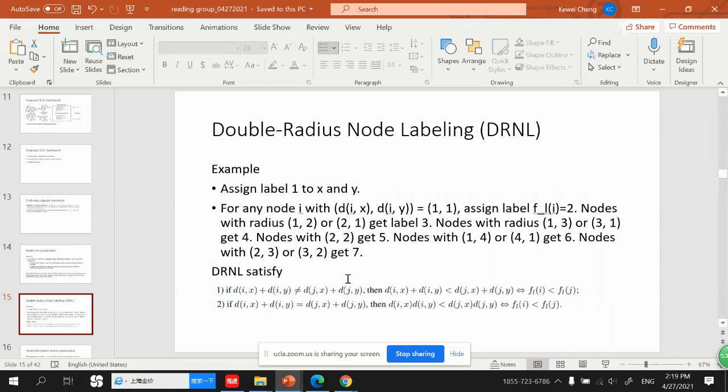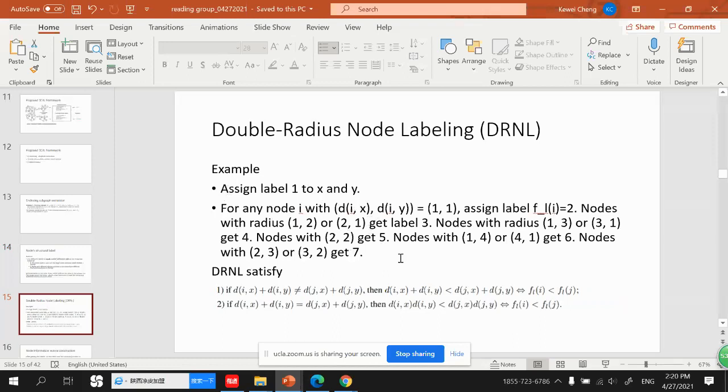So here I give an example to illustrate how this double radius node labeling works. For example, we have two target nodes. We denote them as X and Y. First of all, we will assign label 1 to both X and Y to indicate they are our target nodes.